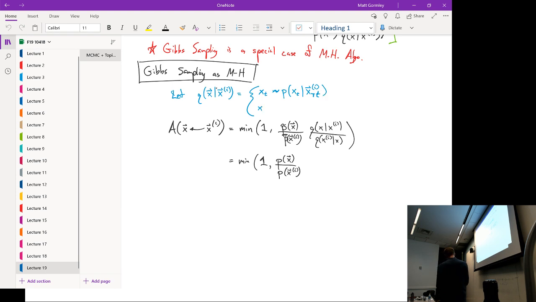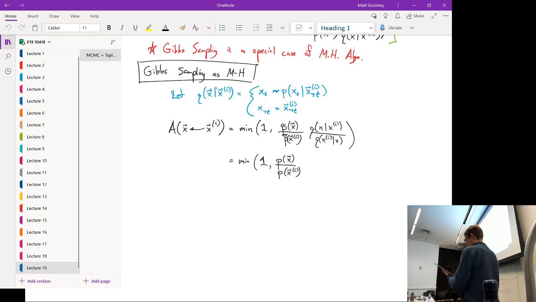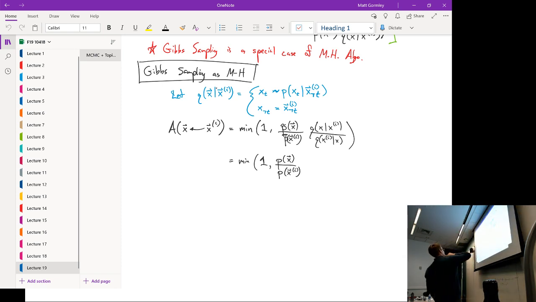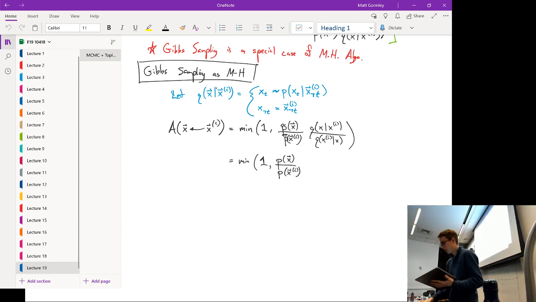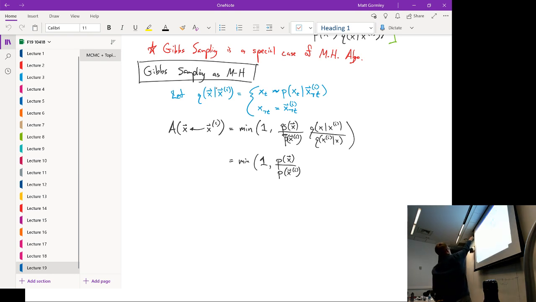And then x not t is set deterministically equal to the vector xi not t. This is our proposal distribution. For the probability of transitioning to that new sample, we take into account that the deterministic part happens with probability 1. So all we need to take into account is the top part, which is the actual full conditional.